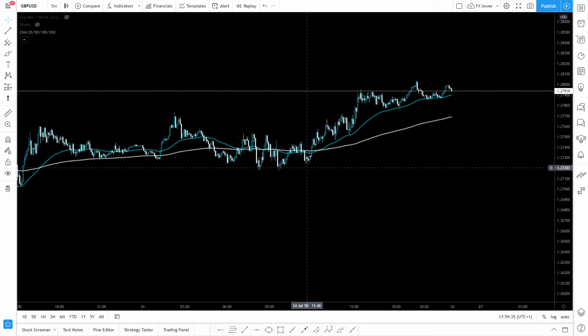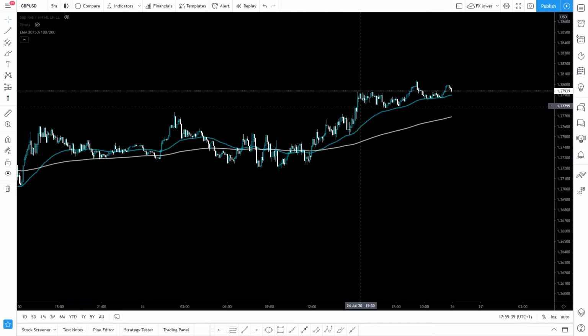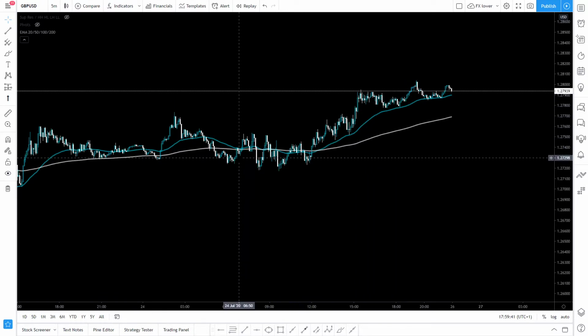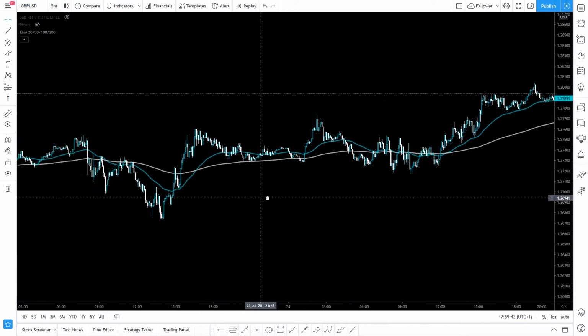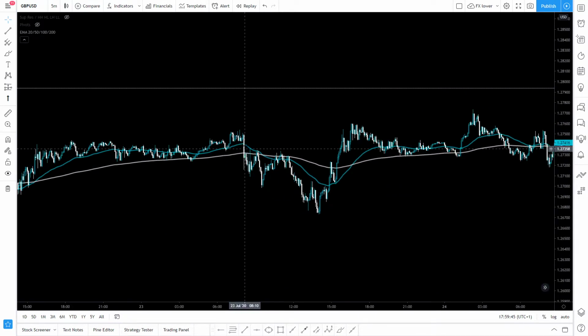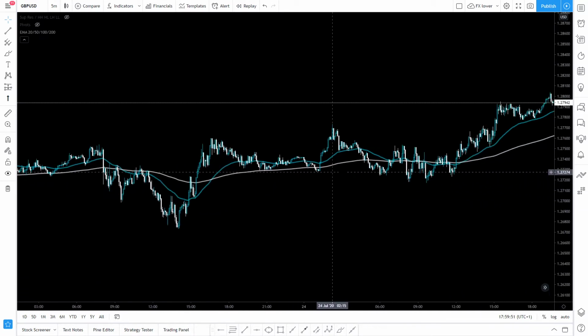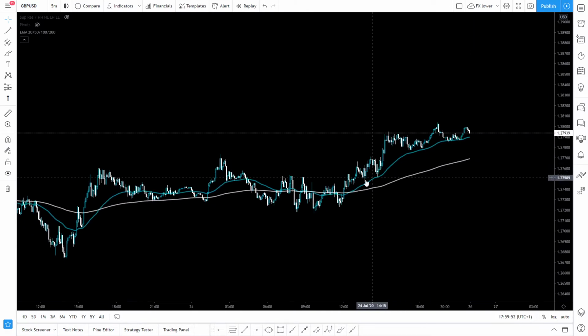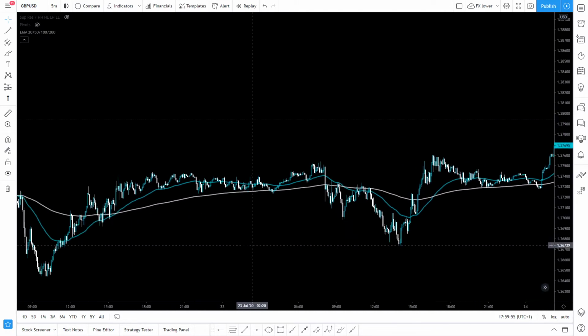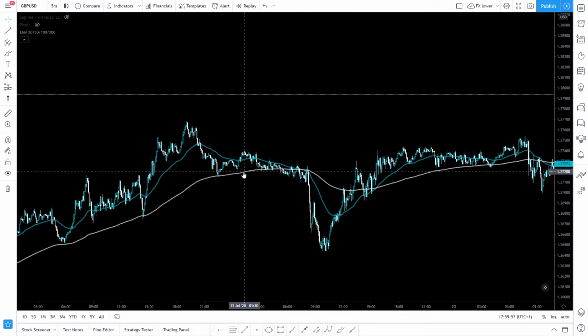When price breaks above the 50 EMA, that means we're in buyer's territory. Likewise, when it breaks lower than the 50, then we're in seller's territory, right? And I use the 200 for dynamic support and resistance. That's like the last of my barrier.